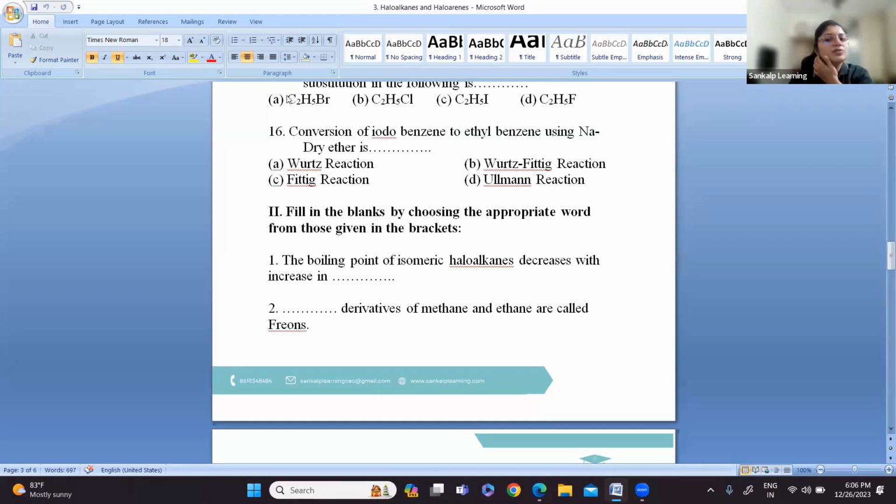So we'll start with the fill in the blanks. The first one is: the boiling point of isomeric haloalkanes decreases with increase in.